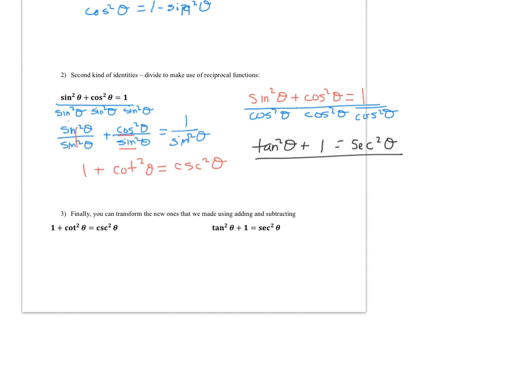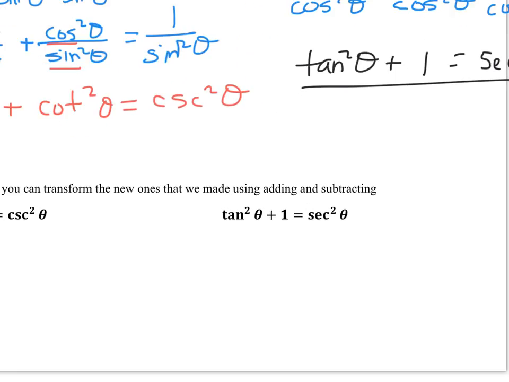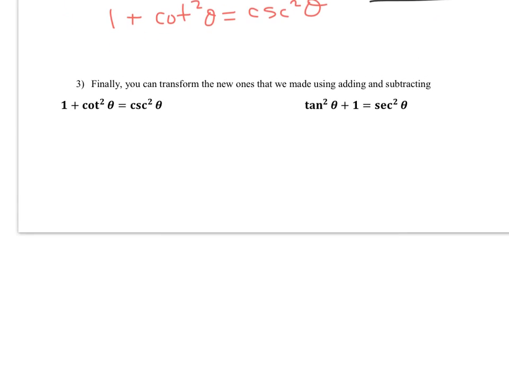Okay, so as you can see, there's millions of them that you can do. But you can always start with sine squared plus cosine squared, and either add or subtract or divide by the same thing, and you'll get some new trig identities that you can use.